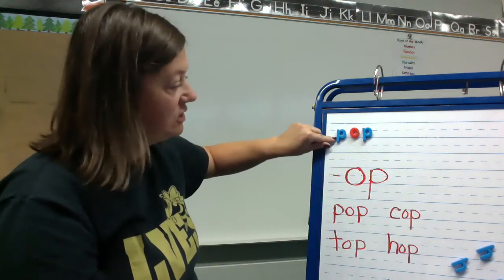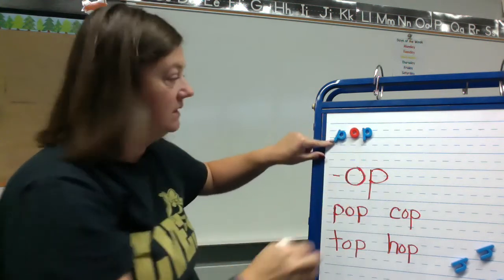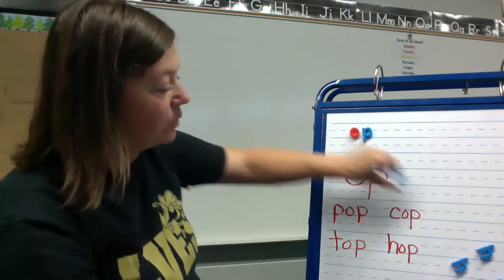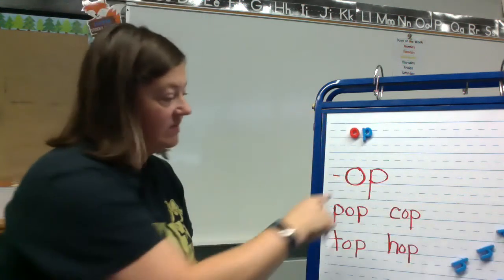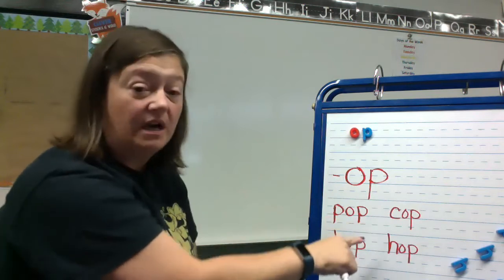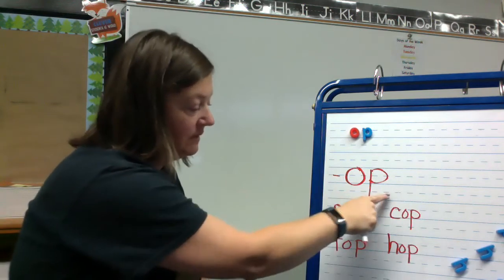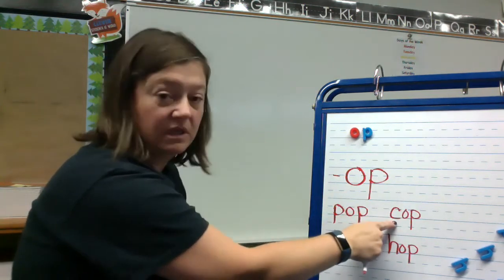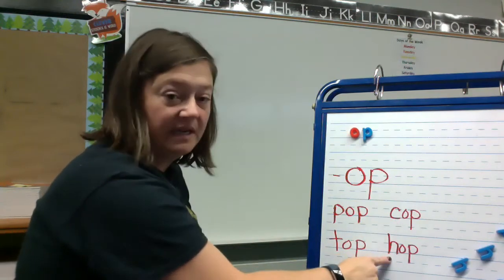We only changed the very first letter, pop. So we have four new words. If we think about the sound those letters make, we can read all of these words. Op, then we have pop, cop, top, and hop.